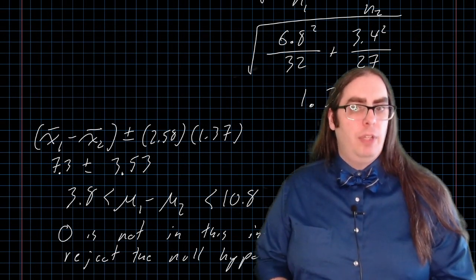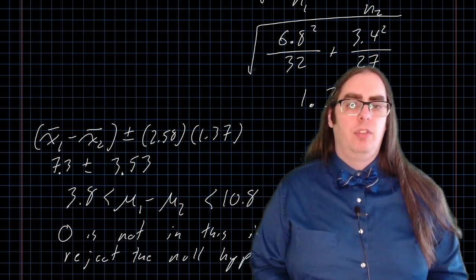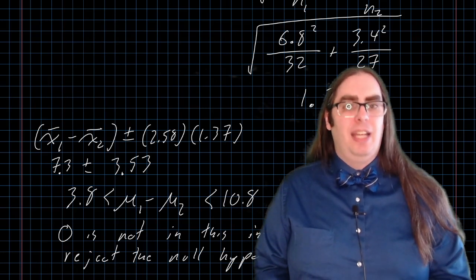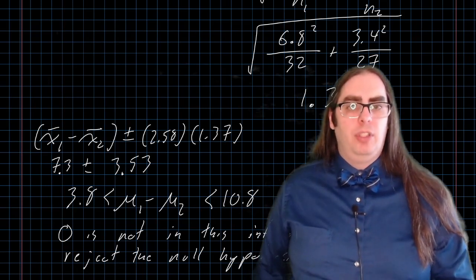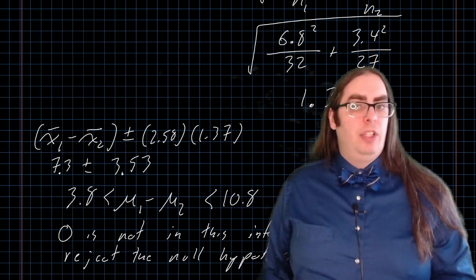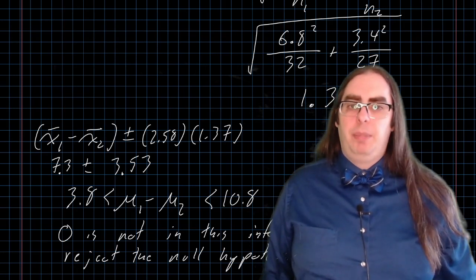In future videos, I'm going to be looking at different hypothesis tests. One of the ones that's coming up very soon is the t-test, which allows us to look at situations where the standard deviation of the population is not known, but the mean of the population is known.